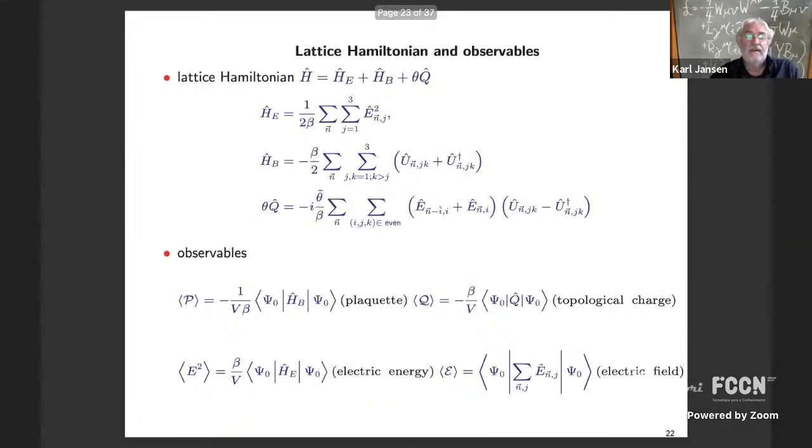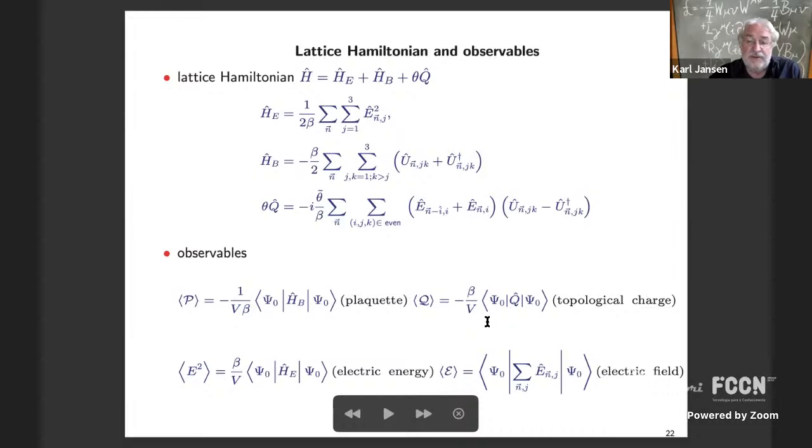Then we have three terms in the Hamiltonian: the electric field operator, the plaquette operator, and this topological charge. As observables, we have again the plaquette observable, the expectation value of the magnetic part of the Hamiltonian. We have the electric energy, which is the expectation value of the electric part of the Hamiltonian.